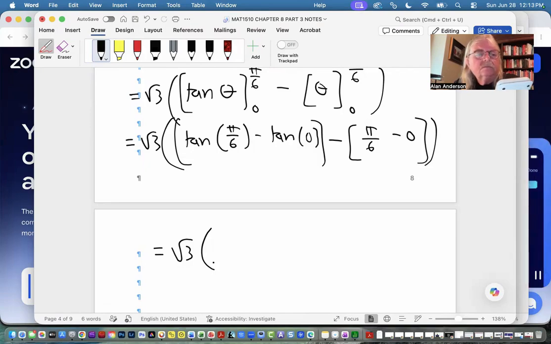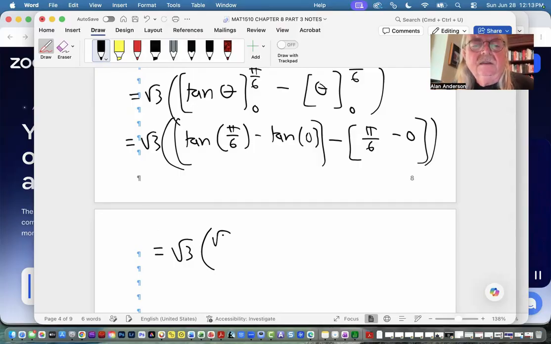No. Oh no, maybe it's radical 3 over 3. That's one of the frustrating things about this calculator. There it is. Okay. Then we have 0.